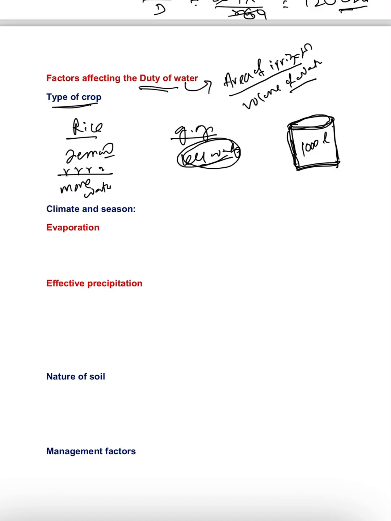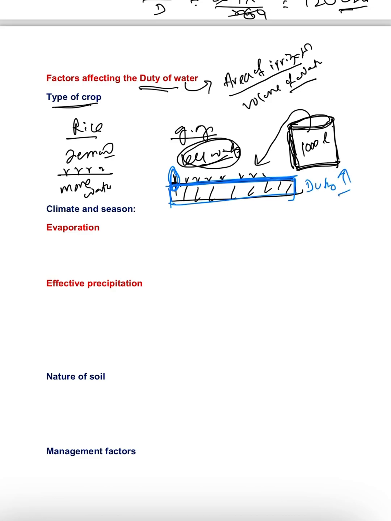If it is less water demanding, then with this amount of water I can irrigate a larger area. As an individual green gram plant requires less water, I can apply irrigation to more area of cultivation. So now the duty will increase. The crop which requires less water, the duty will be more.